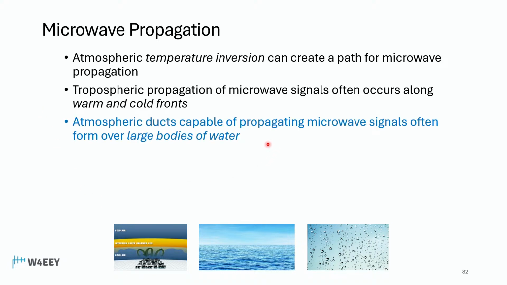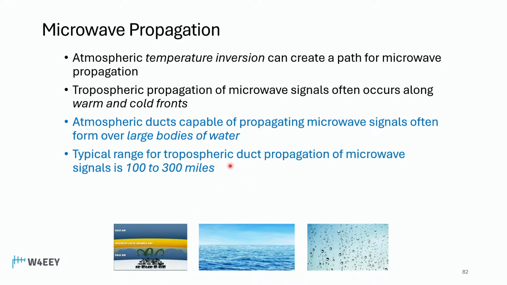Atmospheric ducts capable of propagating microwave signals often form over large bodies of water. That's where you'd typically see these temperature inversions happening. And the typical range for tropospheric duct propagation of microwave signals is 100 to 300 miles. Again, that's mind-blowing. But what we're doing is making a connection between transmitter and receiver through this duct.